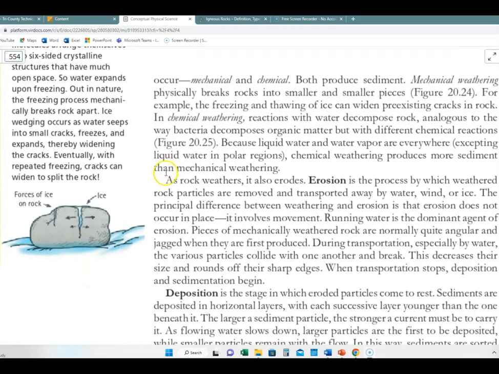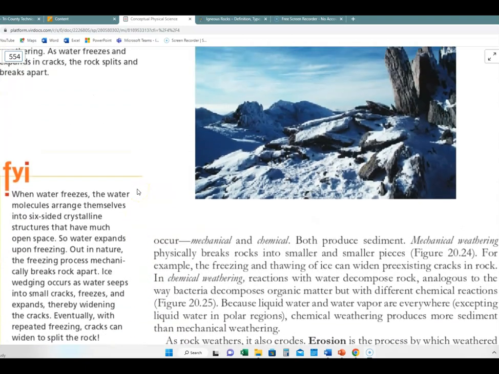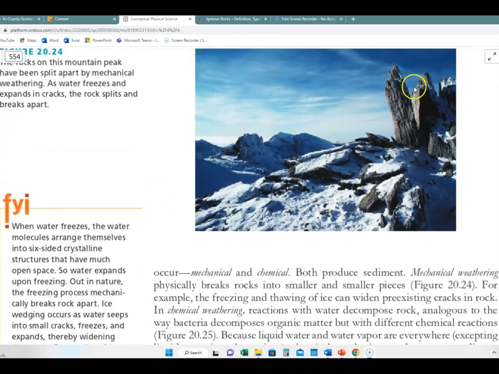Look right here. This is a good example where water gets into these tiny little cracks that are already there in the rock, and then freezes, and the freezing expands, and then the rock breaks up. So that's this idea of weathering.